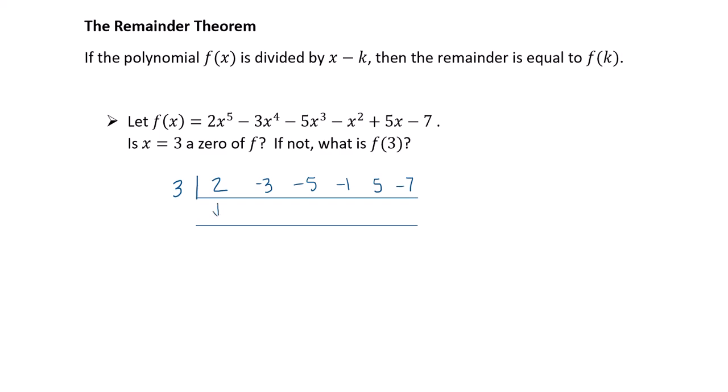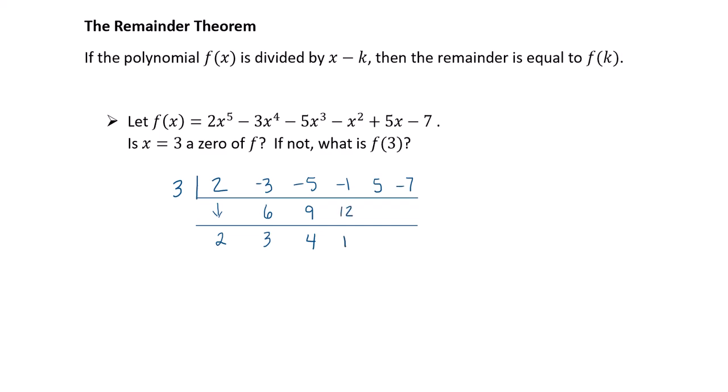I'm going to carry down my leading coefficient so that I have something to start with. 2 times 3 is 6. Negative 3 and 6 is 3. 3 times 3 is 9. Negative 5 and 9 is 4. 3 times 4 is 12.